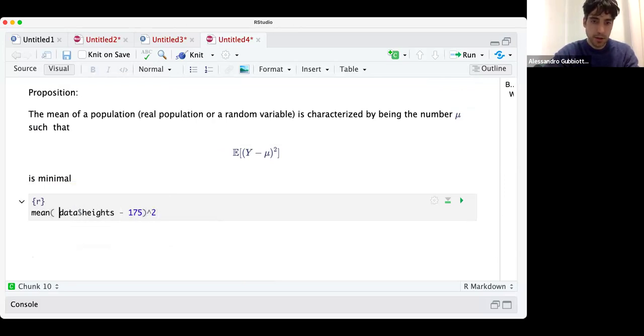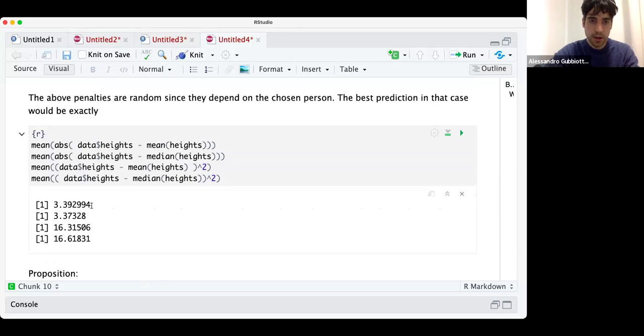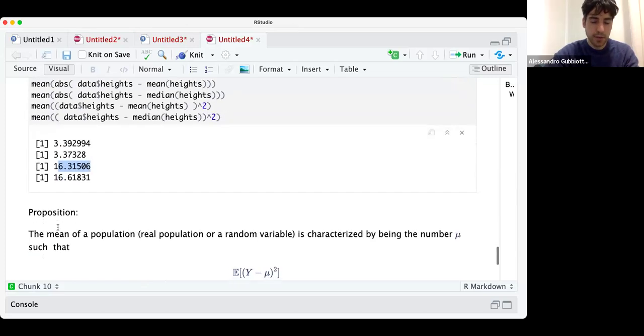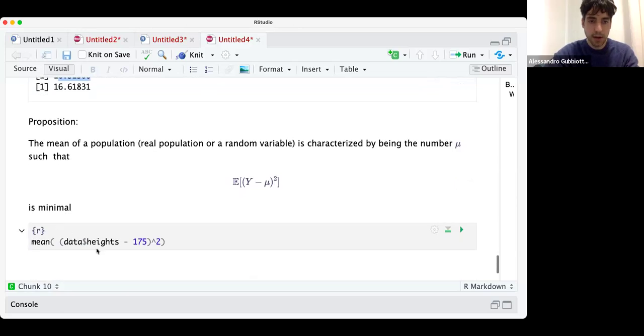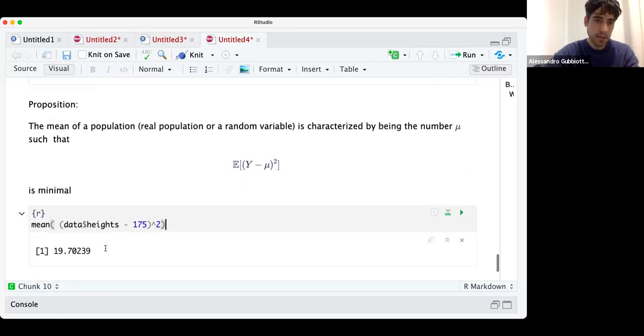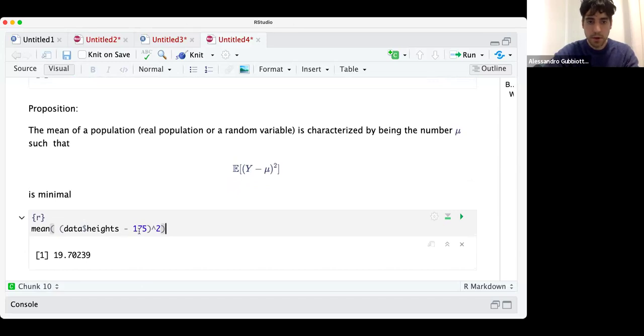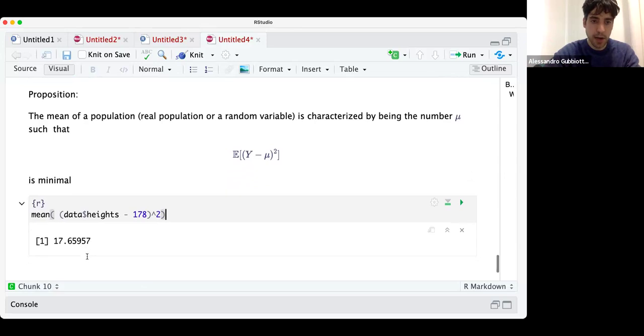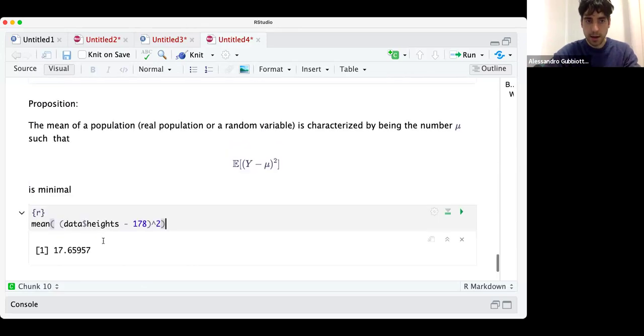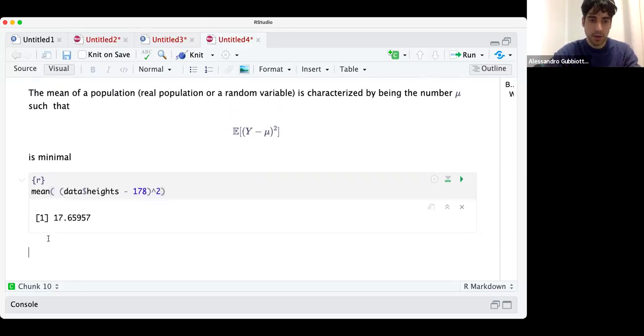This proposition guarantees that here I will obtain a value which is higher than 16.31. So let's try 178 just to check that it is again bigger than 16.31. So yes, this is a fact. It's easy to prove, but it simply requires differentiating.